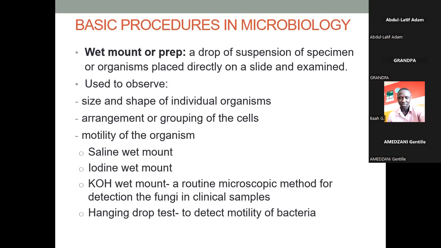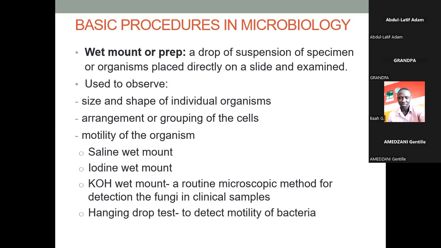So in effect, the hanging drop method is a test for detecting motility of bacteria. Sometimes for purposes of examination, they can ask you which of the following organisms will test positive for hanging drop. All they want to find out is whether you know that hanging drop is a test for motility.